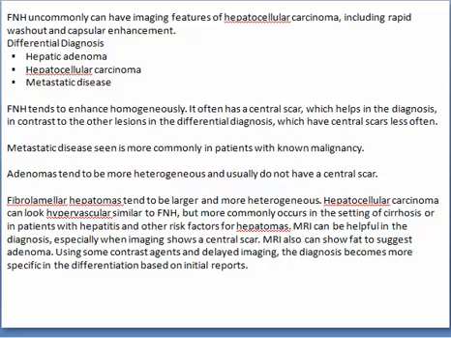Of course, fibrolamellar hepatomas tend to be correlated with cirrhosis and hepatitis, which are the risk factors.